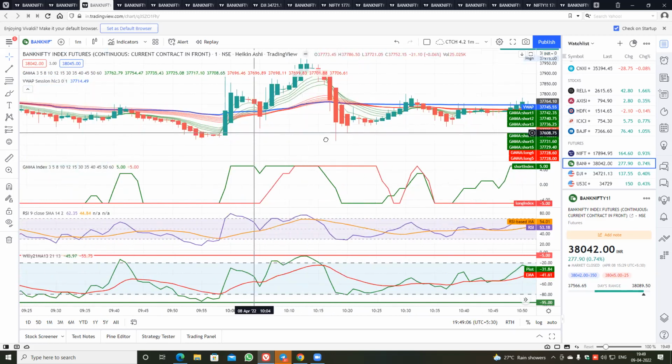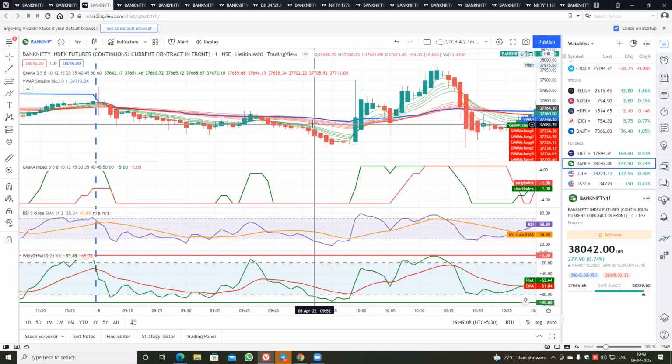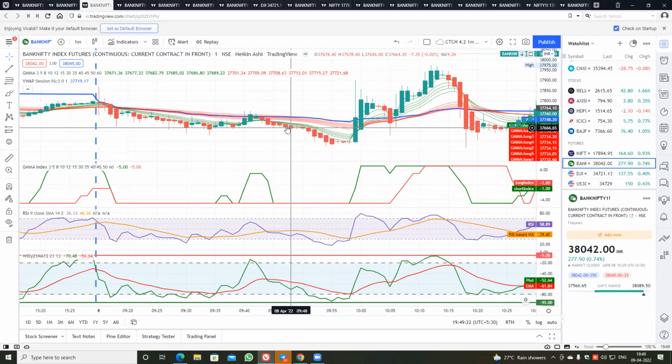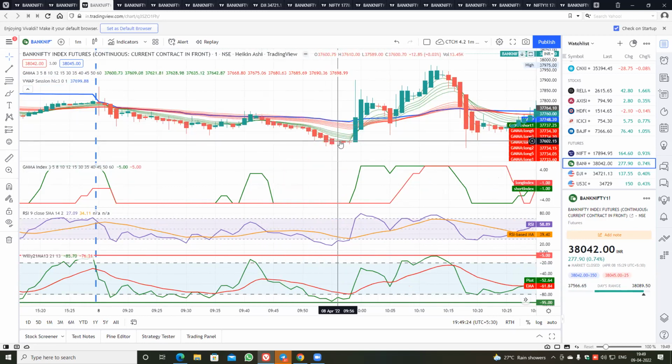Here you can see the downside momentum. It is respecting, it is going in alignment downwards. The 3 will be here, 5 like that.